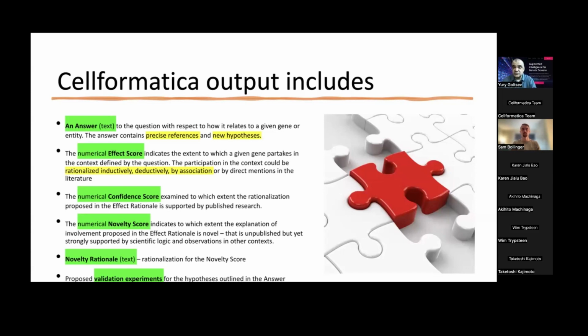It will have a confidence score to which extent it is supported by the literature. And this is a phenomenal thing, a novelty score, to which extent this is unpublished, but yet highly plausible because it was maybe working the same way in other conditions and things like that. And then it will have novelty rationale, text justifying the novelty score, and validation experiments. This is just being currently released, and in the mainstream, Cellformatica is still not there.